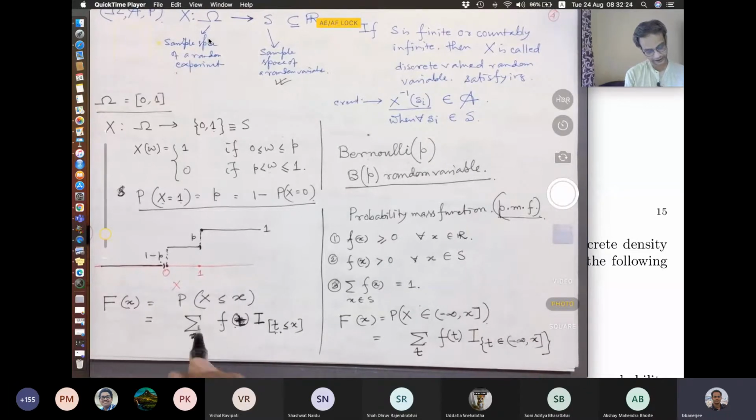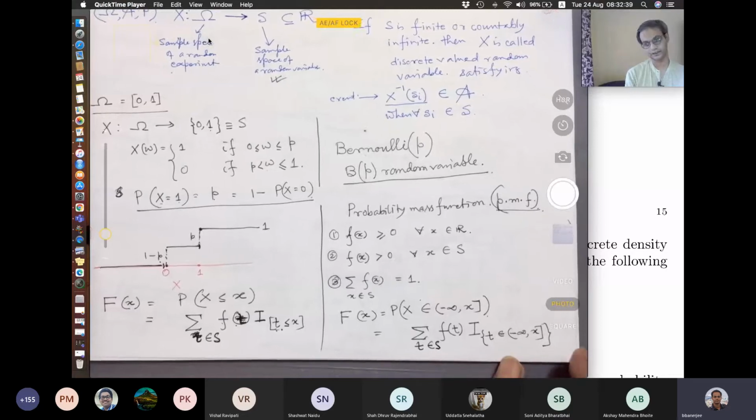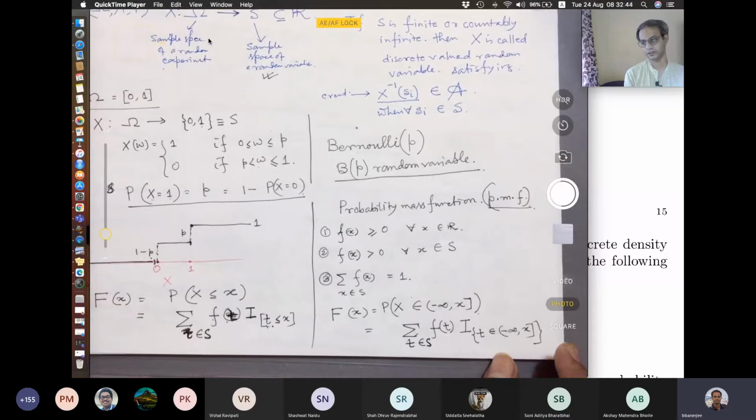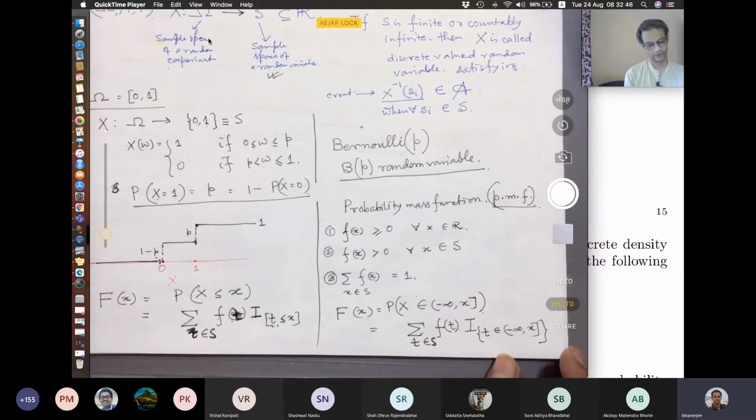To make the summation valid, you can also consider that t belongs to S. Otherwise, you might have difficulty understanding the notion of summation here. In general it is true and correct, but whatever knowledge you have so far, you can consider t belongs to S. So, do you have any query here?